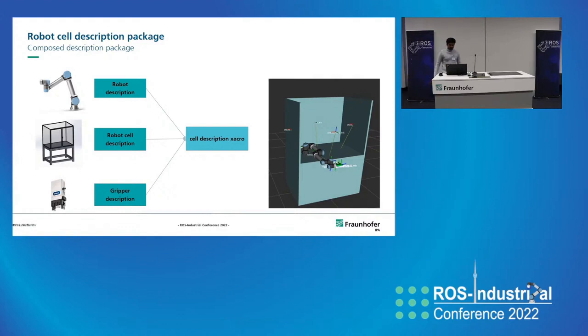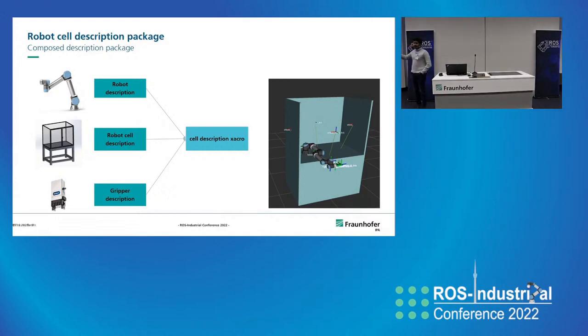I just have a heads up here. The meshes exported from SolidWorks have very high complexity. Because of that, at least for this demonstrator, to keep it simple, we just used primitive geometric shapes, and we built the cell using just boxes, cuboids mostly.